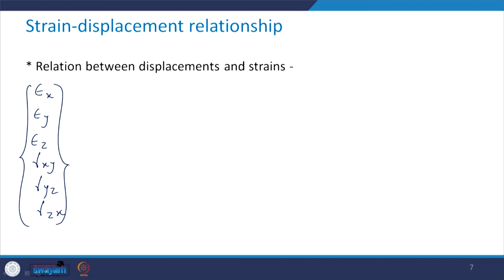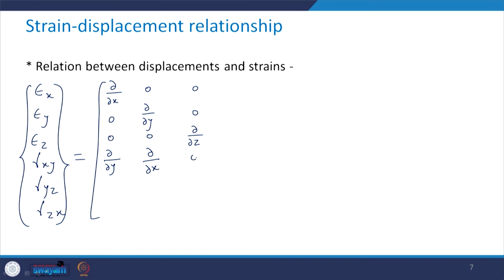This is equal to a matrix which is del/del x 0 0, 0 del/del y 0, 0 0 del/del z, then del/del y del/del x 0, then 0 del/del z del/del y, then del/del z 0 del/del x.